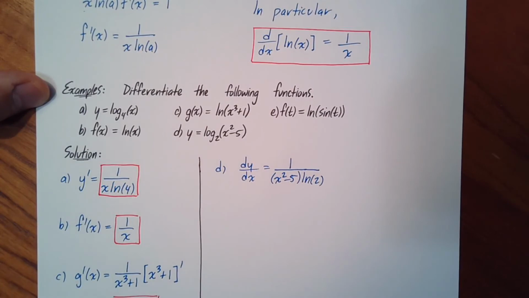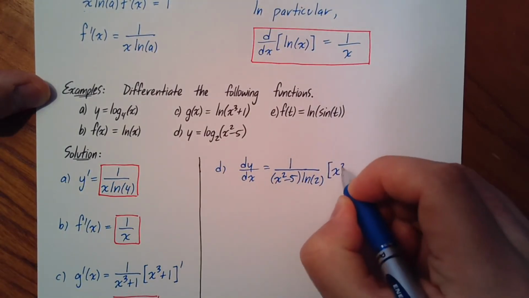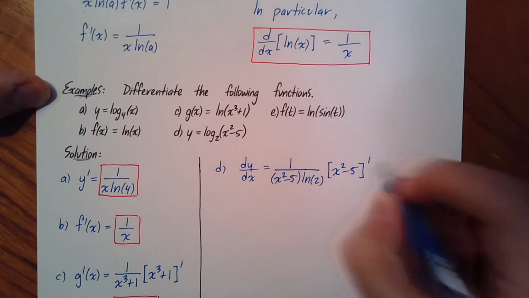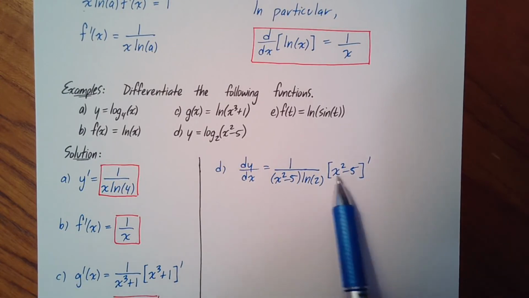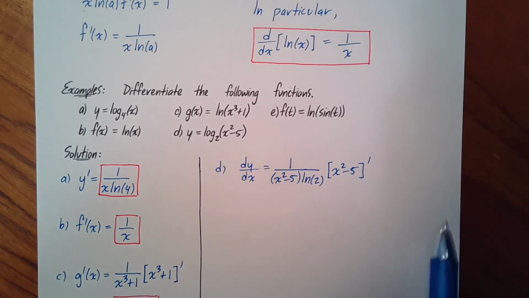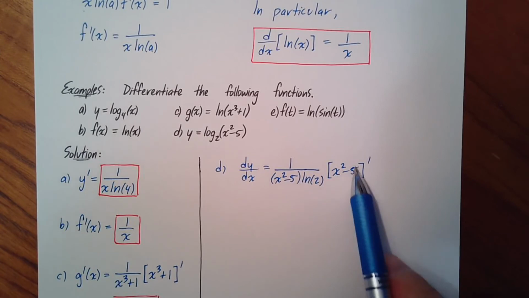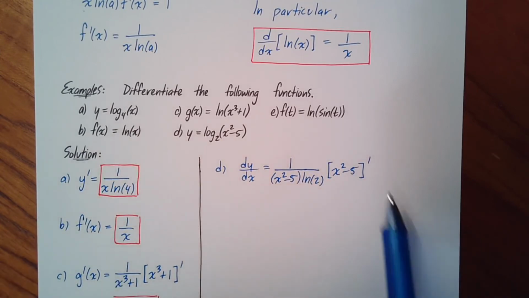But then, so that's the derivative of the outside function, where we left the inside function alone. But now, we're going to multiply by the derivative of the inside function, which is x squared minus 5. Okay, so take the derivative of x squared minus 5, you're just going to get 2x, right? Doing term by term. The 5 disappears, x squared becomes 2x when you take its derivative.